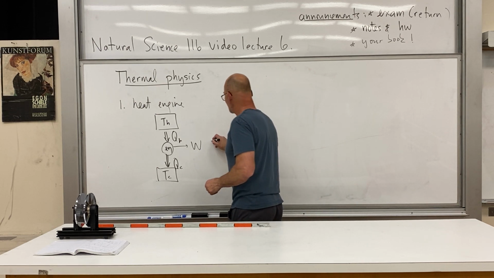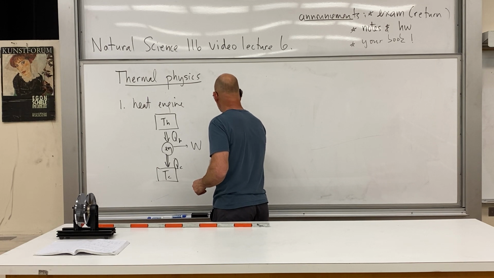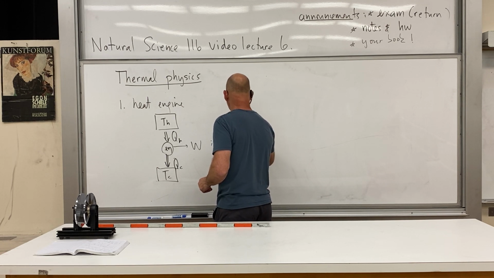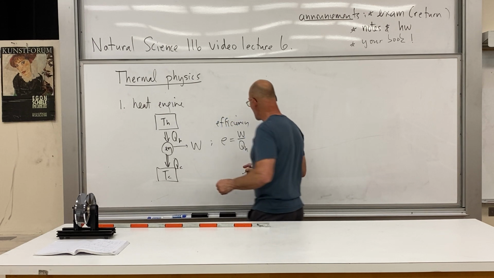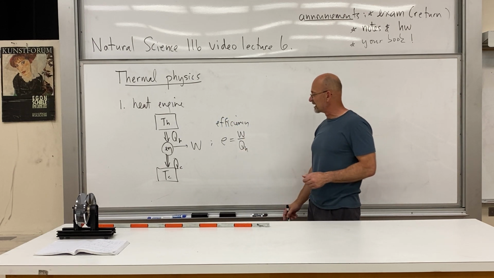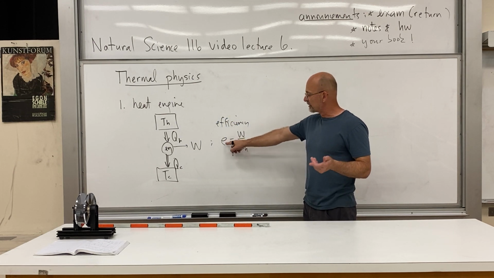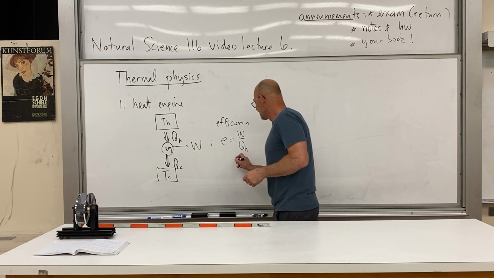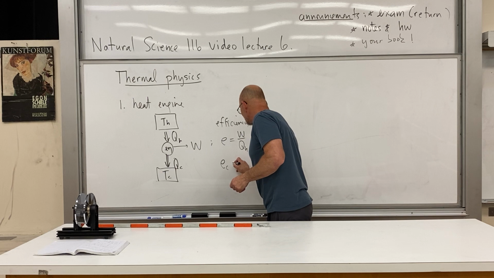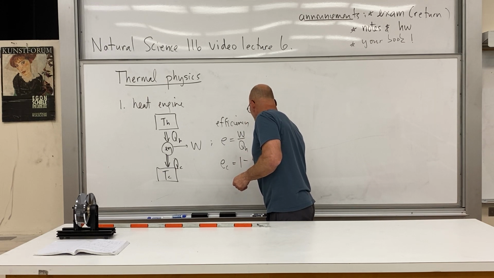And there was the efficiency, E, which is equal to the work out divided by the heat input, and since both are energies, it's dimensionless, less than or equal to 1. And then there was the Carnot efficiency, 1 minus TC over TH.